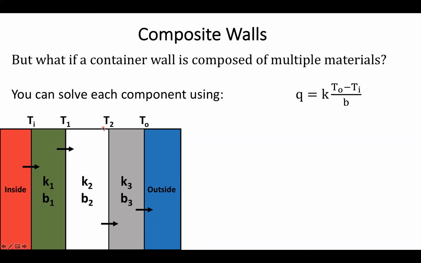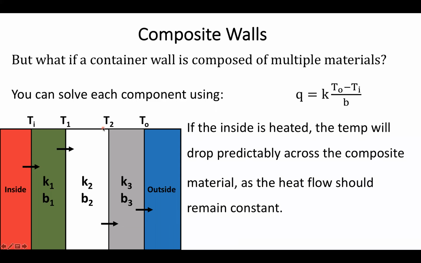So again, one of the things that we're going to make use of is that the temperature should drop predictably across the composite material because of that constant heat flow. So if I have some way to determine the heat flow going from the inside to the outside, I should be able to back solve for T1 and T2, which might be a better way of doing that.